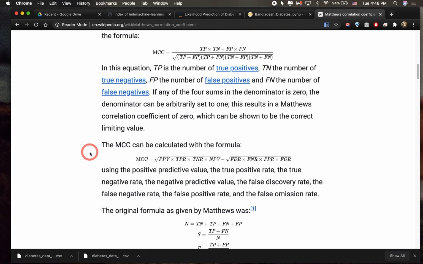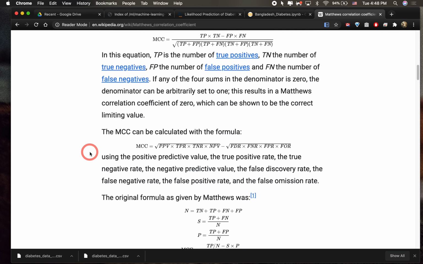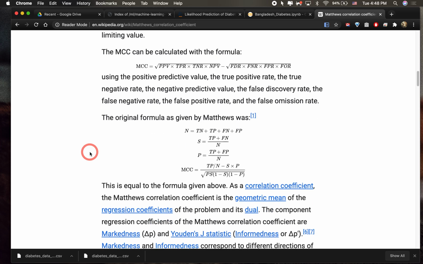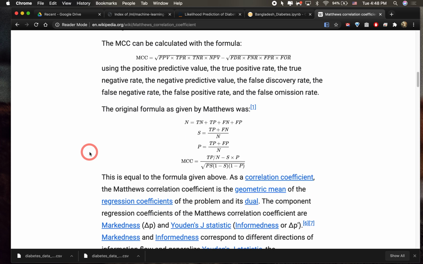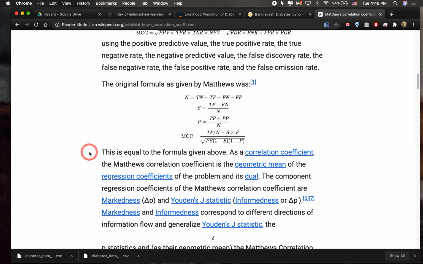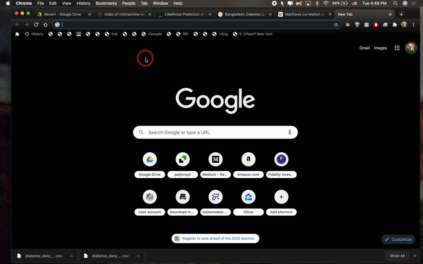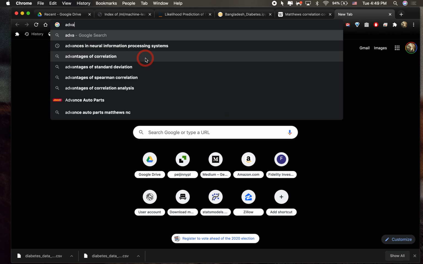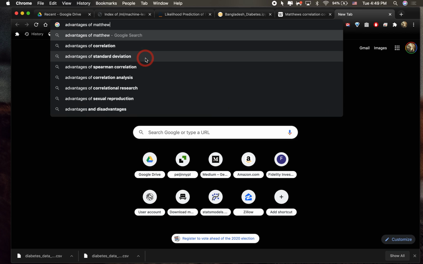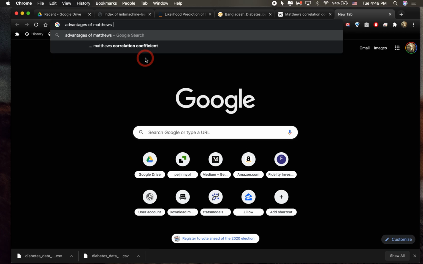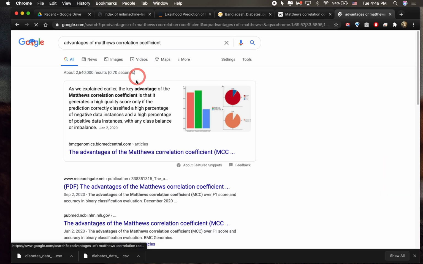So I guess this is another way of calculating it, and here are some of the original formulas. So basically, it's a balanced measure, and that's why I'd rather use this than the F1. One thing you could do is check out articles or papers that say why Matthews is better than others.